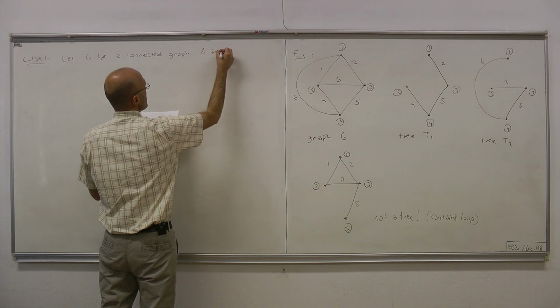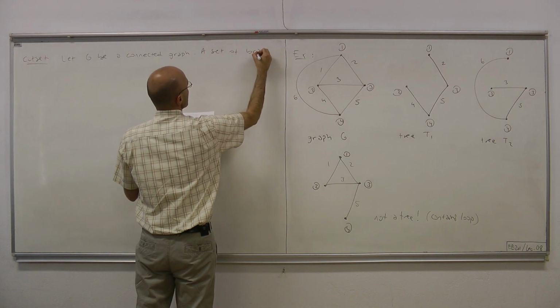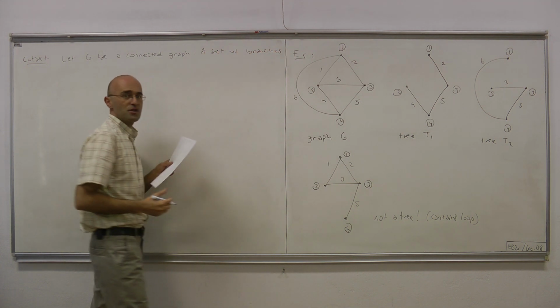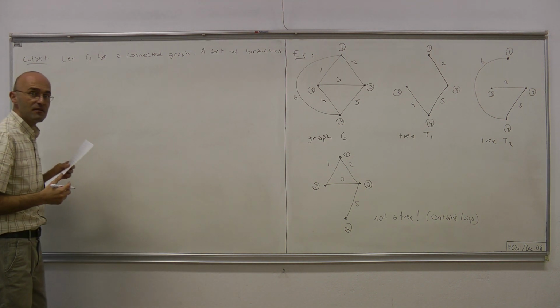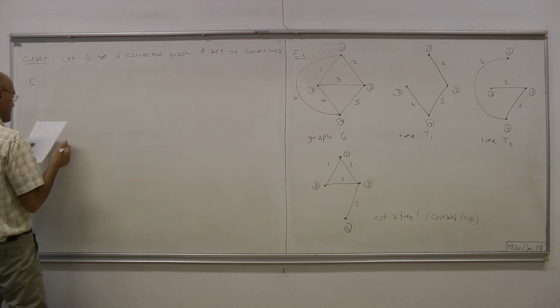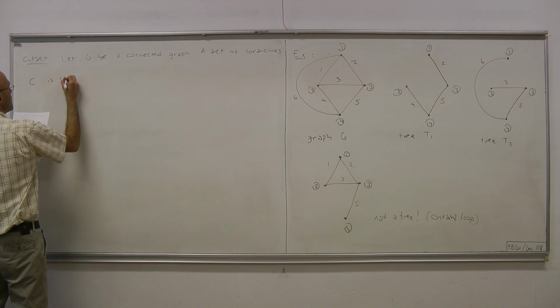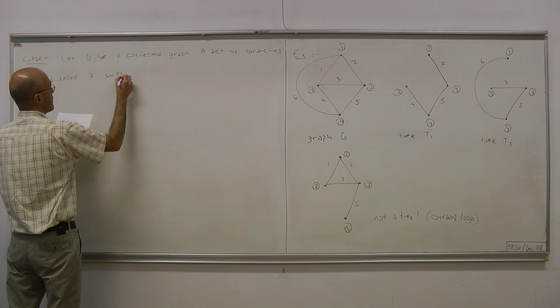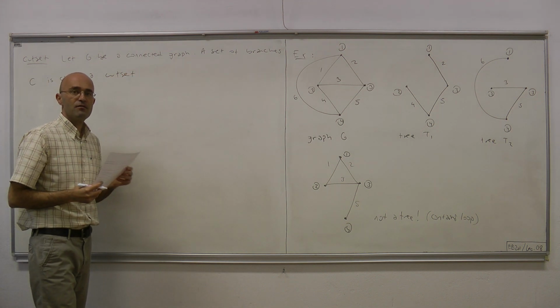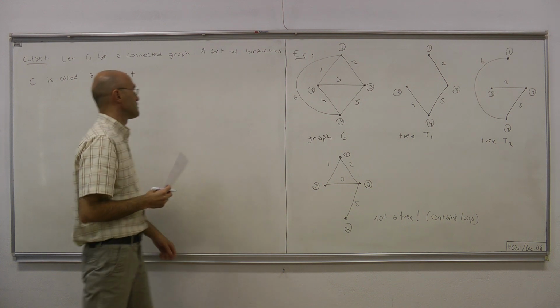A set of branches of that graph, let's call that set C, C for Cutset, is called a Cutset if 2 conditions are satisfied.